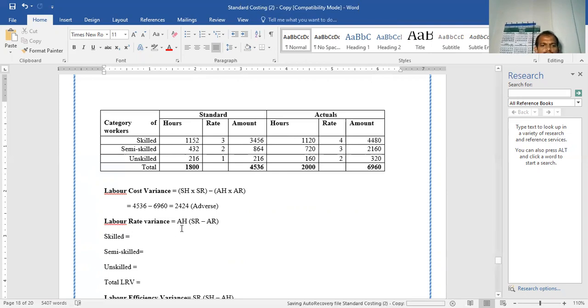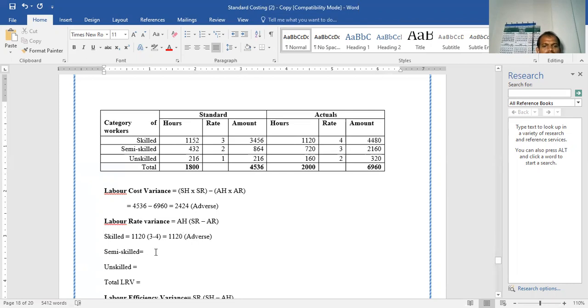Actual hours of skilled labor, 1120, into standard rate 3 minus actual rate 4, which gives a minus value, minus 1120. So we have to mention 1120 adverse.